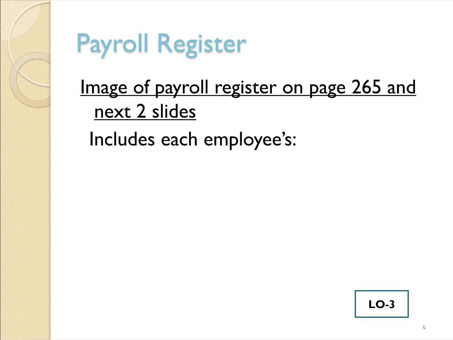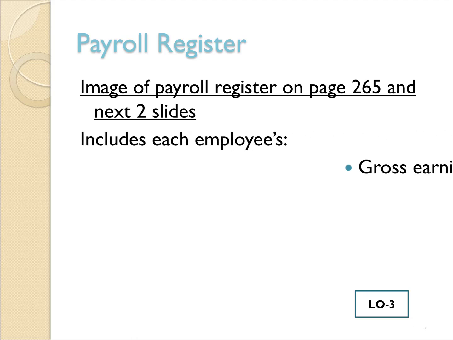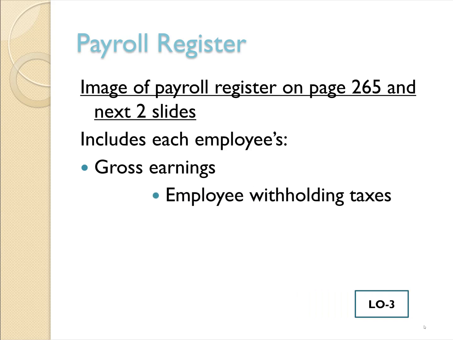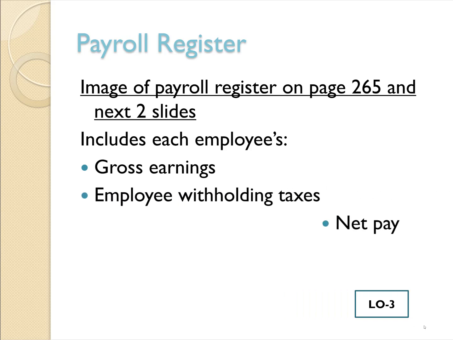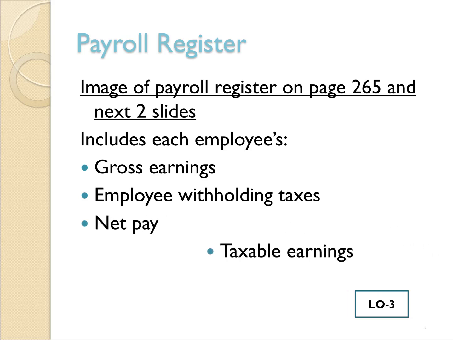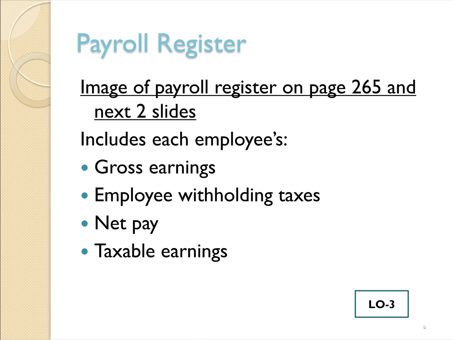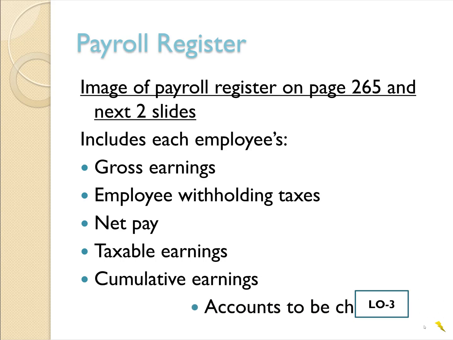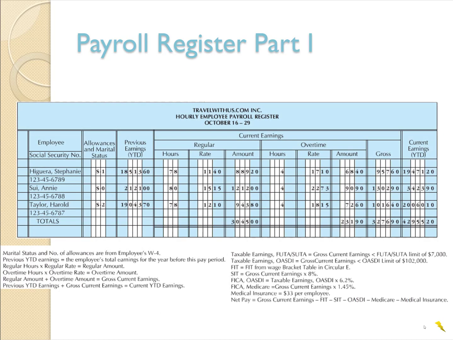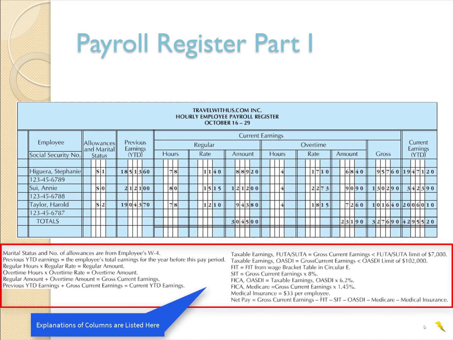What the payroll register includes is each employee's gross earnings, their withholding taxes, their net pay, their taxable earnings, and their cumulative earnings, and the accounts that their gross pay will be charged to for budgeting purposes. So this will all make more sense once we look at one.